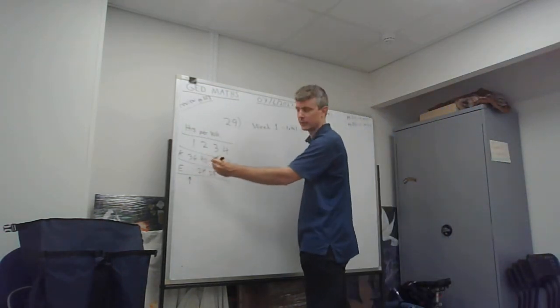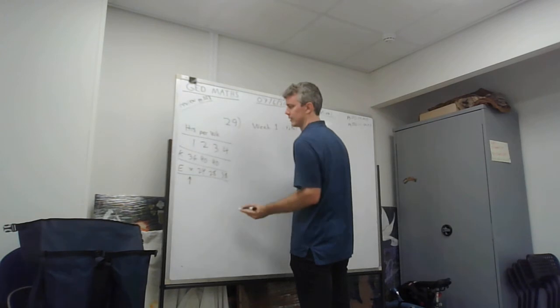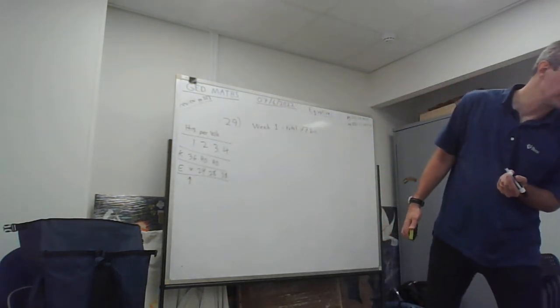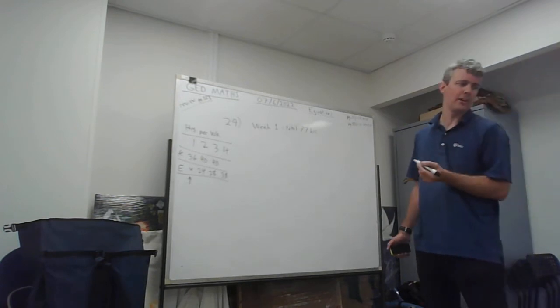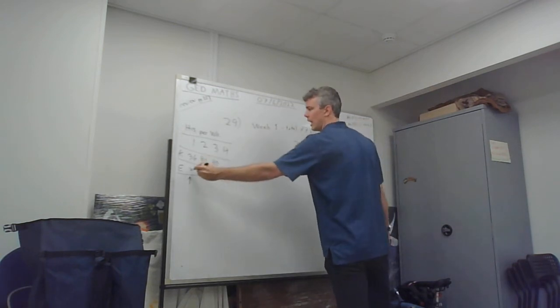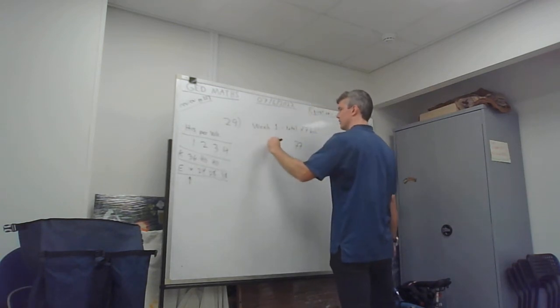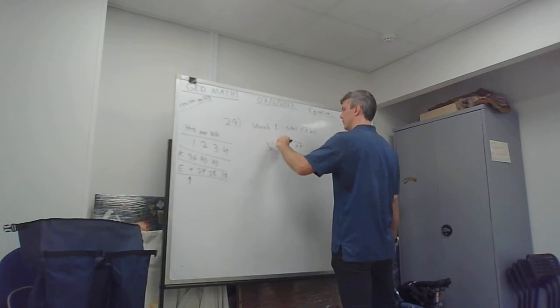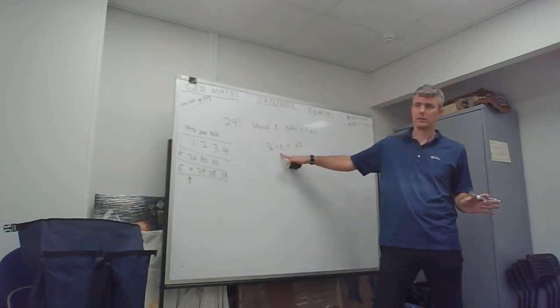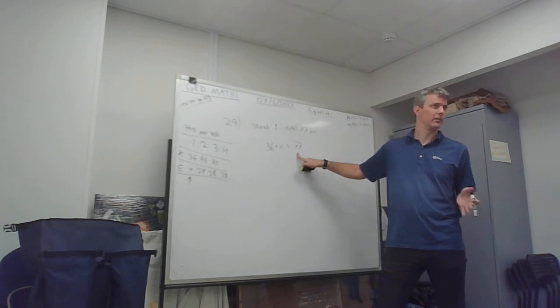We don't know what it is, so it's an unknown. X is Aaron. Which of the following equations can be used to solve for Aaron's hours during week 1? The total is 77, so it's going to be 36 plus X. 36 plus whatever his hours are equals 77. So that's our equation.